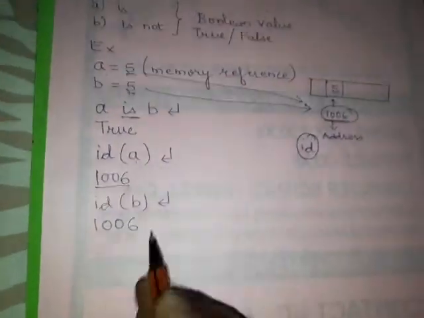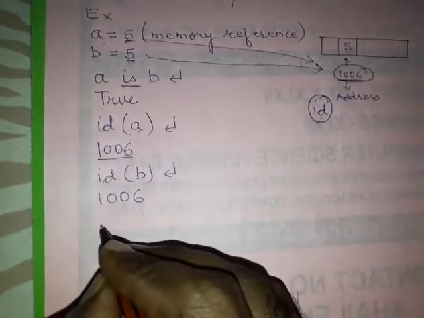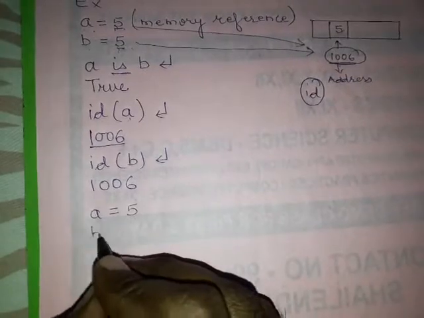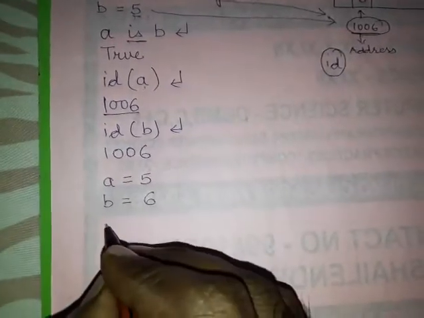Let us see another example. If a equals 5 and b equals 6, and you write a is b, then it will return false. Why?